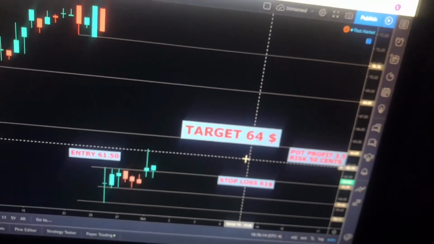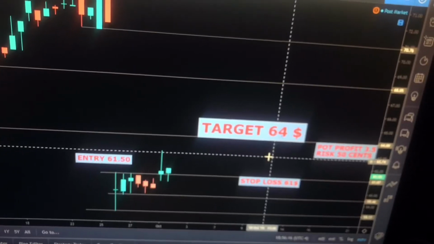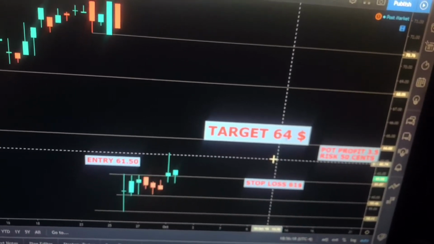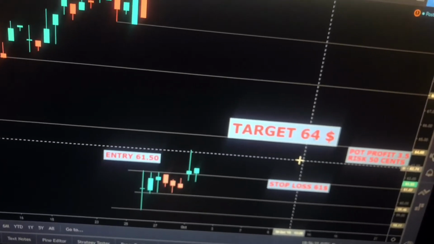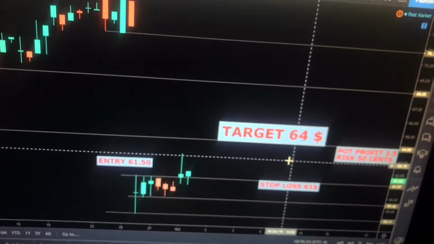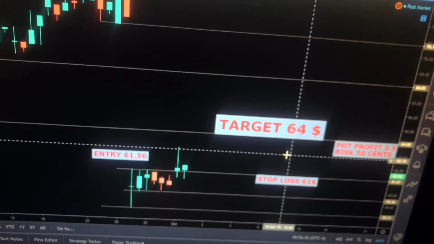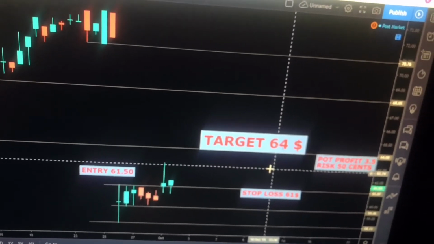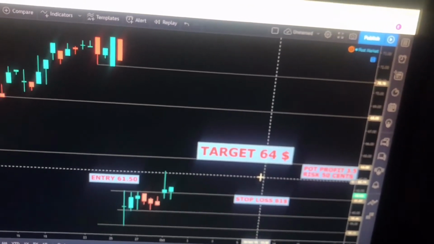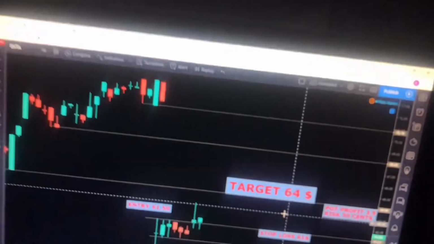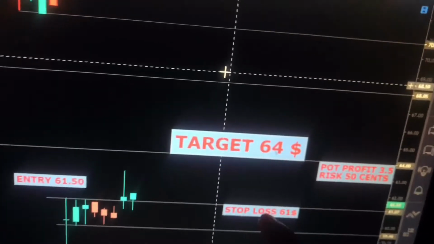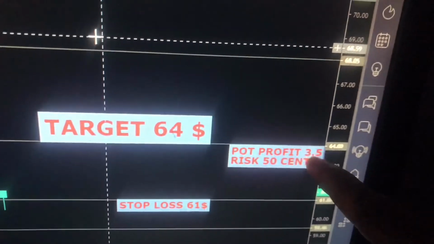Risk off the previous support, say the support was at $199.50. You're risking 50 cents. You enter at 200, the next support is at 199.50, and your potential for profit is 202, which means you're risking 50 cents to make $2. In this case, I'm risking 50 cents to make $3.50.